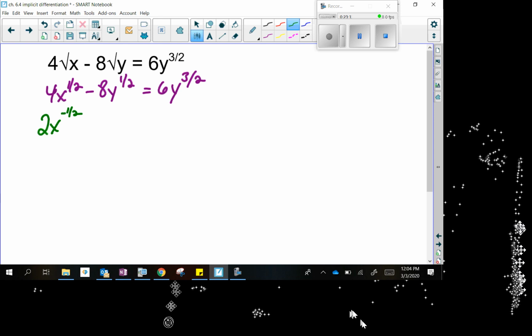And what's the derivative of -8y to the 1/2? So tell me what to write. Negative 4y to the, and then dy dx. Okay. And then 6y to the 3/2 gives me what? 9y to the 1/2, and then dy dx.